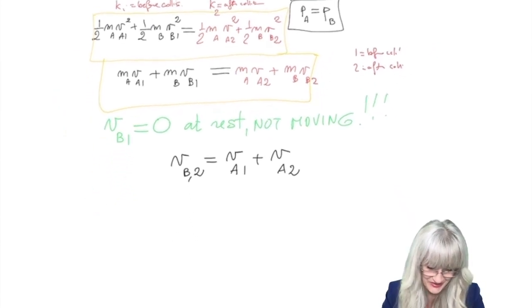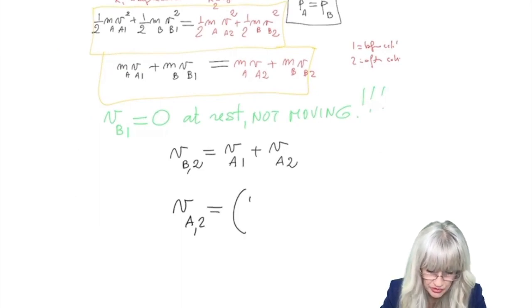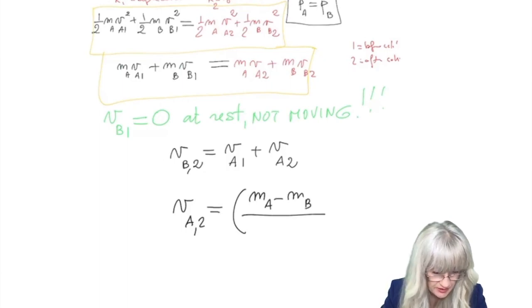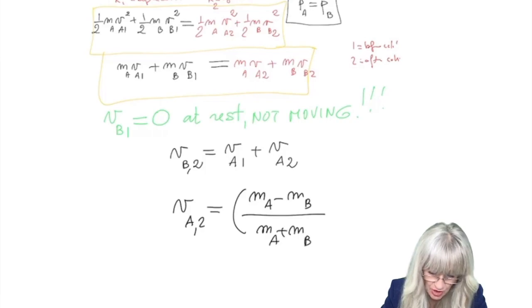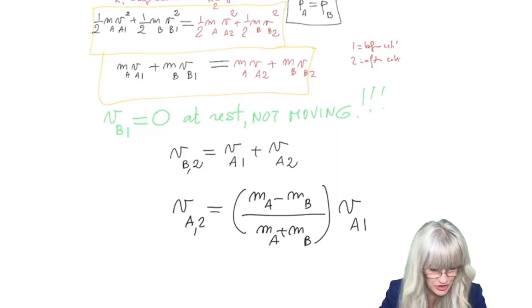Pretty amazing. Also, the velocity of object A after the collision will be proportional to the mass of A minus the mass of B over the combined mass. These are long computations, and this is proportional to the velocity A before the collision.